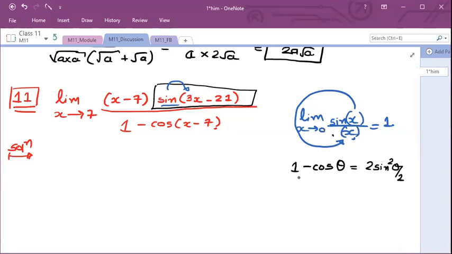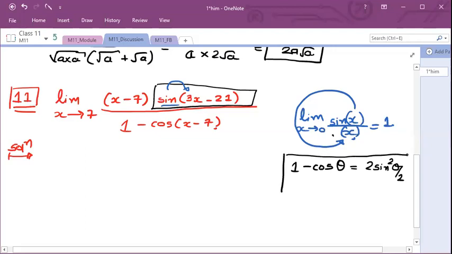So 1 minus cos theta equals 2 sine square theta by 2. Okay. So we are going to use these two formulae over here. So let us check. So L is equal to limit x tends to 7.